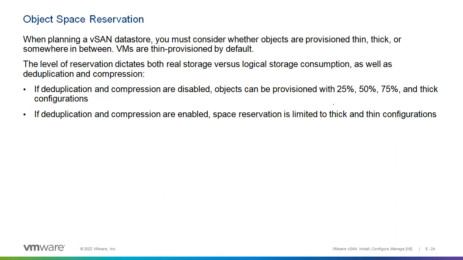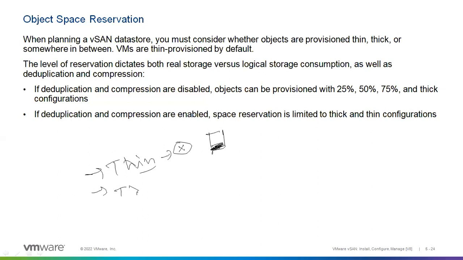Object space reservation. Space reservation is again the policy where we select thin and thick. In thin, will it reserve some of the space? No, because in thin, whatever we consume, it consumes the underlying storage space.